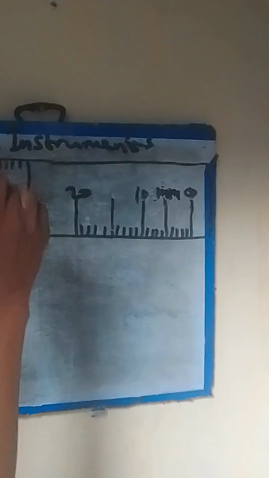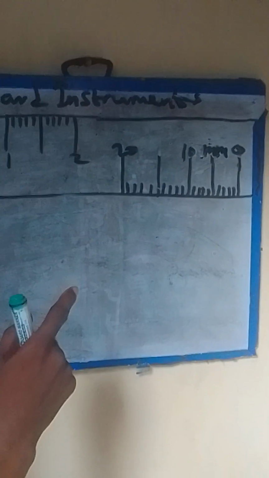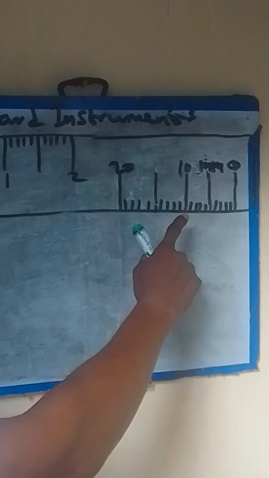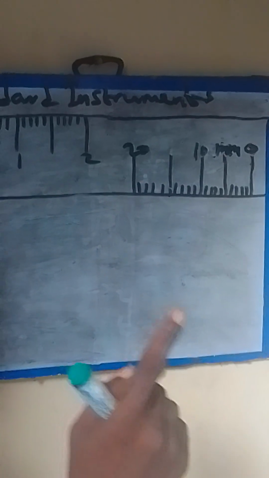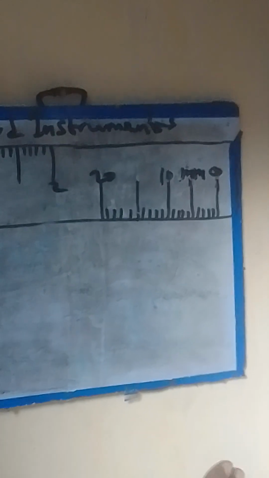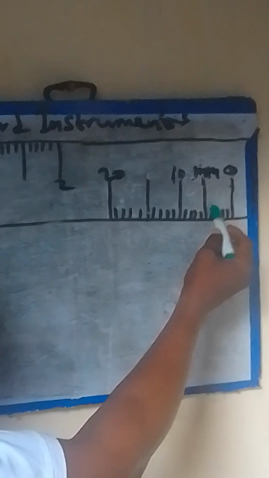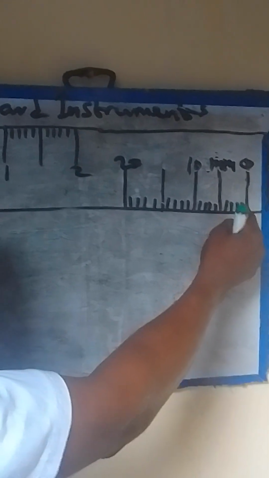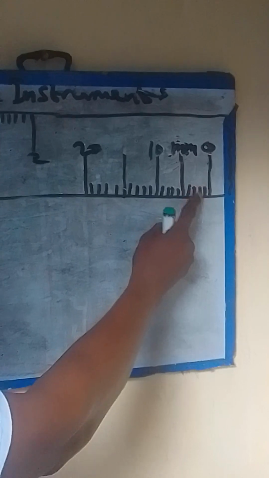Take note, the smallest division of a meter rule or measuring tape is 1 millimeter. That is also called the least count, or you can call it accuracy. So you can see from 0, 1, 2, 3, 4, 5, 6, 7, 8, 9, 10. So this is the least division in millimeters, one of these calibrations.